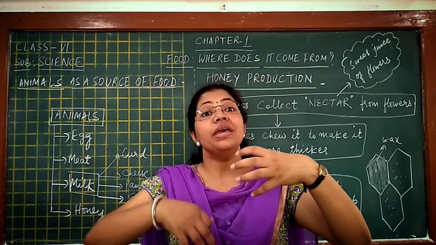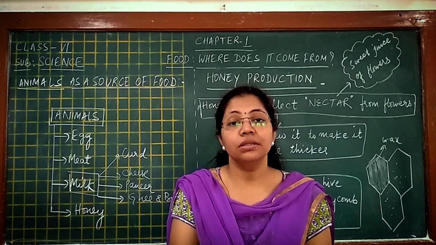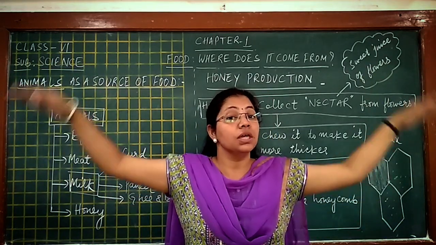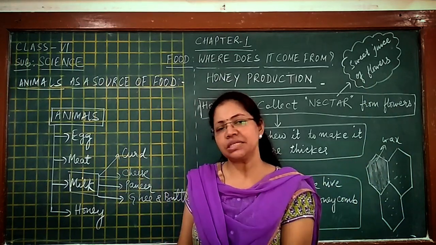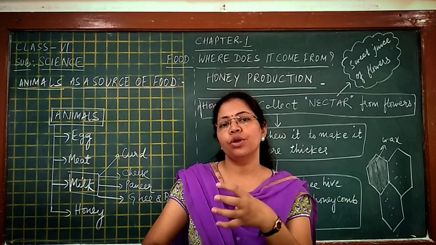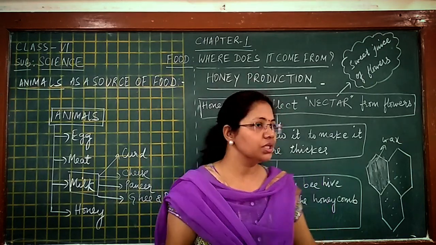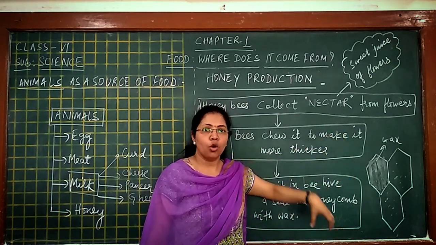So to evaporate that moisture from the honey, what do these bees do? They keep on fanning with the help of their wings. Because of that, wind is created, and because of that, evaporation of moisture takes place from the honey. Right? So this is how we get honey from the beehive.